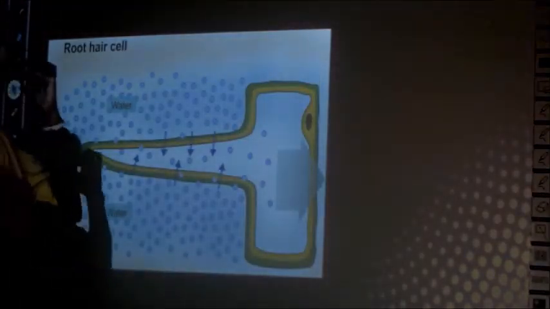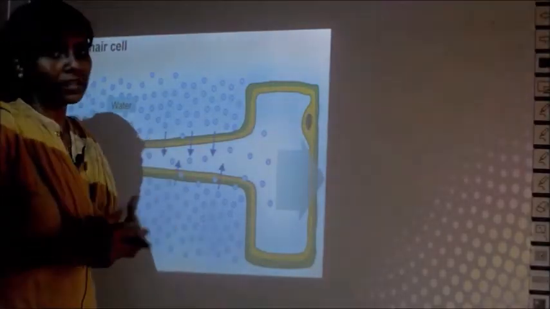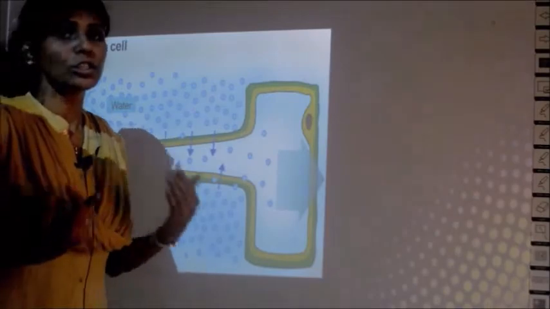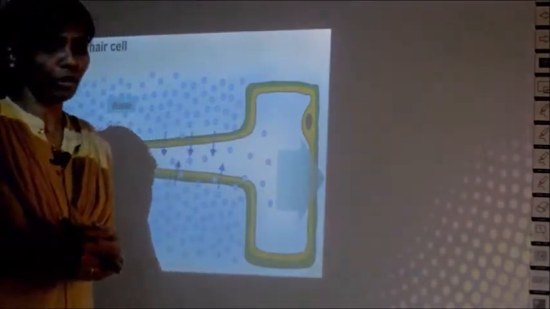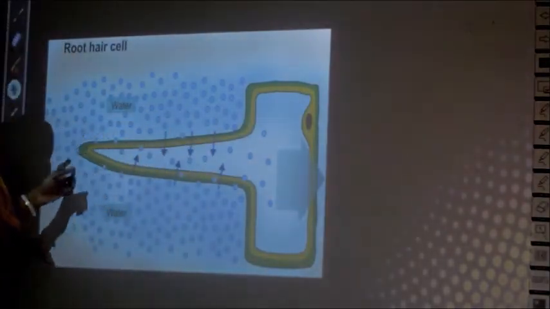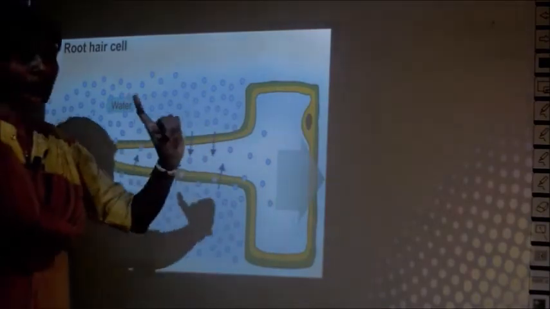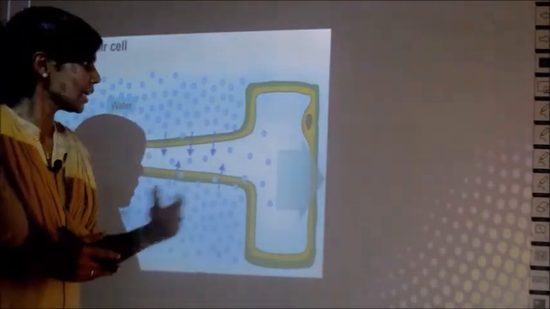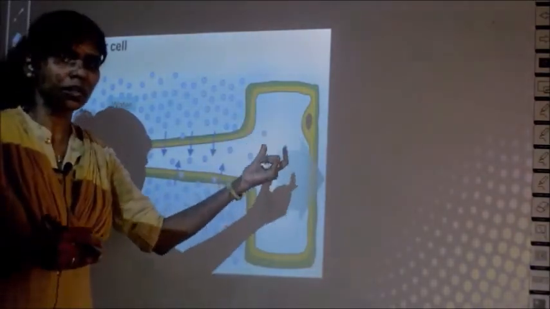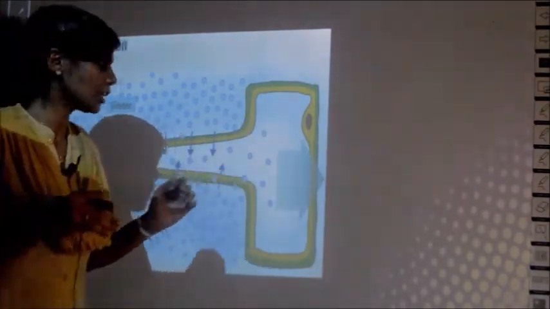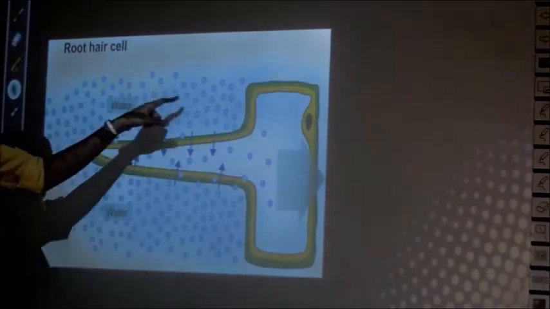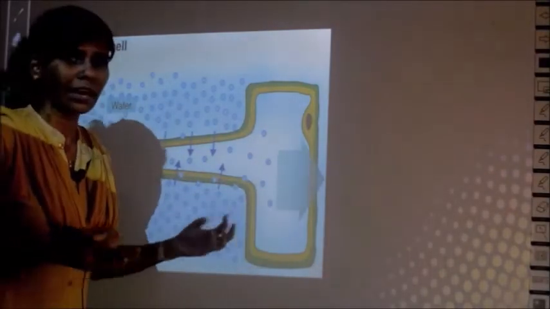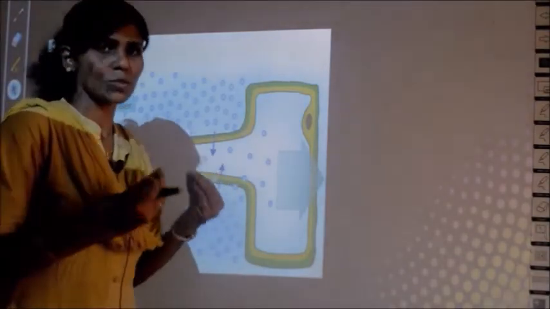Oh, an example is given for osmosis. What example? Again, movement of water from the soil to the root is the example for osmosis. See, this is a root hair cell, okay. One single root hair from a root. So when you pour water to a plant, if the plant has less water, and you pour more water molecules, this is the soil where you have poured so many water molecules, but the plant inside has only little water, fewer water molecules.